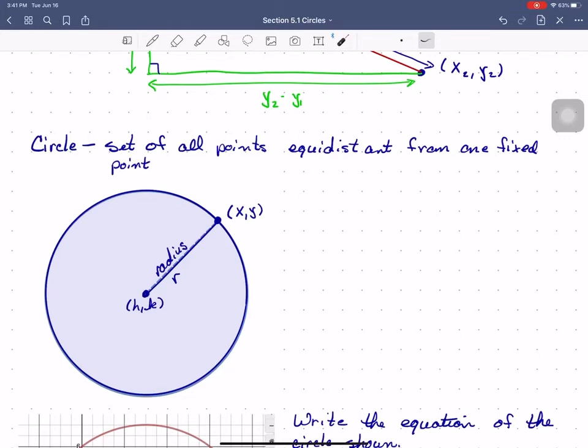So I've got a circle here, and I've written some things on here, and we're going to talk about what that is. So the set of all points is every point on this line. Those points are all a distance r from this fixed point, the center.